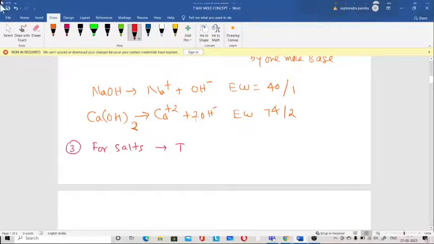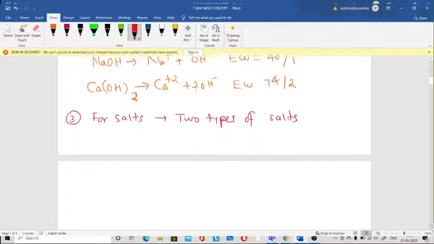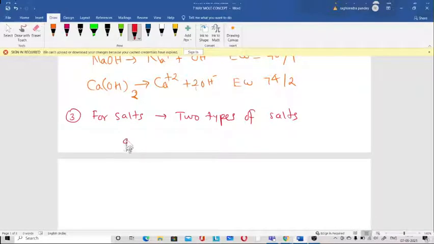In one type, no H plus ion can be donated.